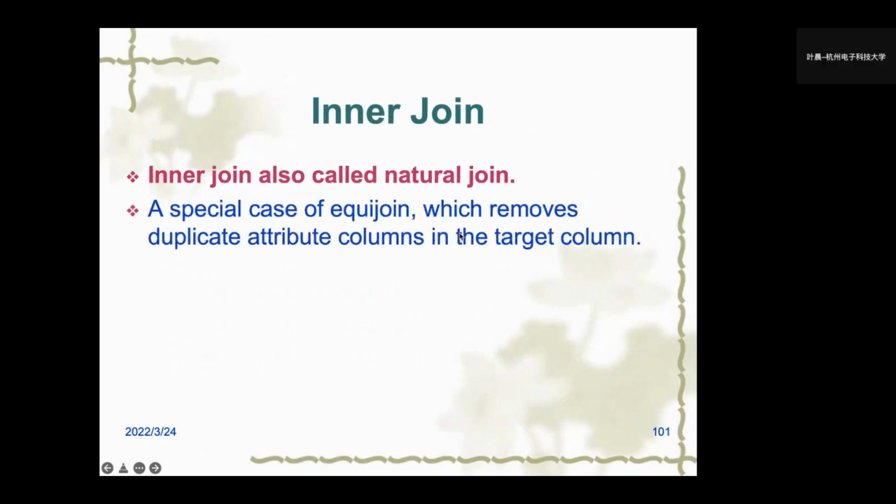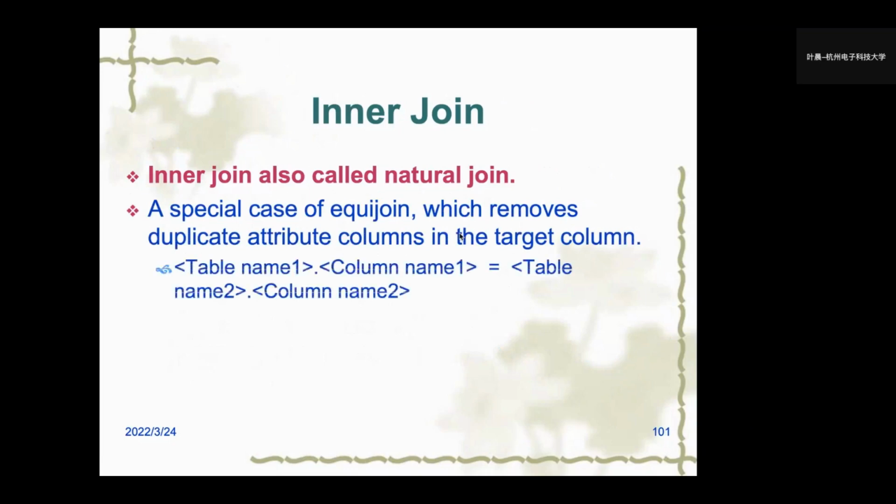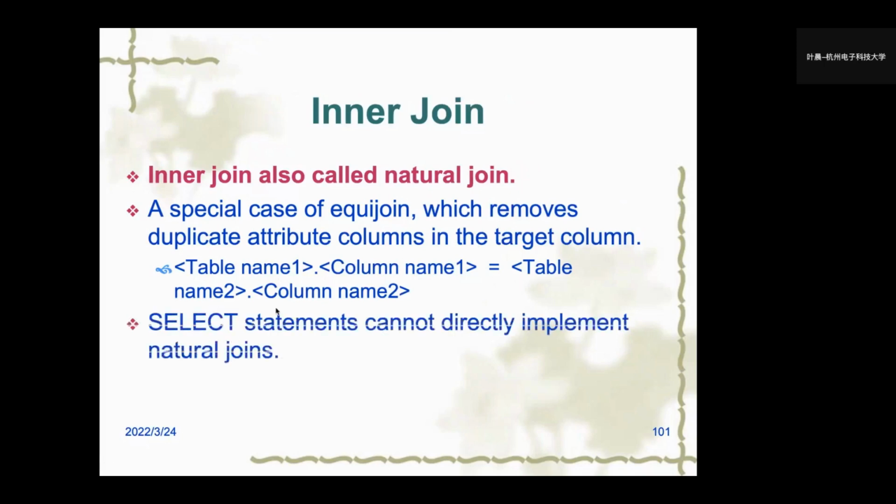And the inner join we also call the natural join, a special case of the equijoin, which removes the duplicate attribute columns in the target columns. And we need to know that the select statement cannot directly implement the natural join.